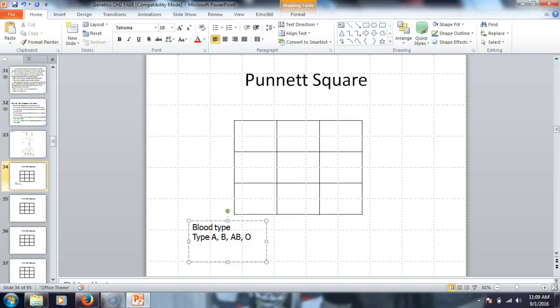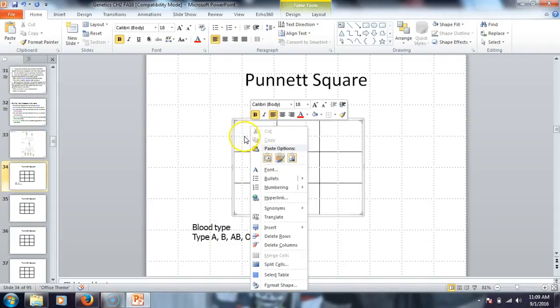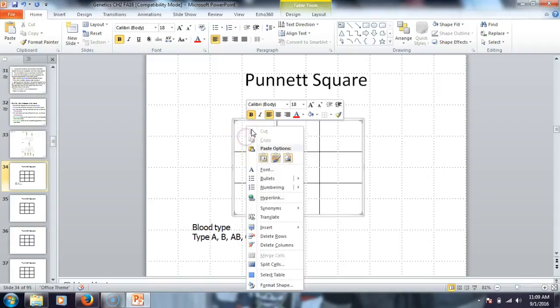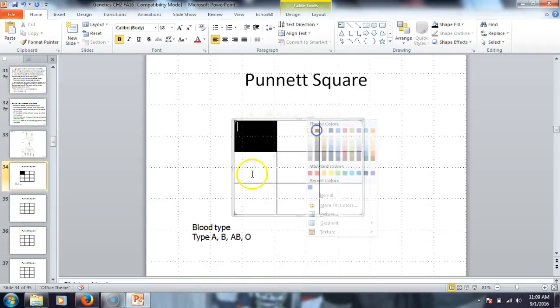Okay, so you get that information from your parents, but you get 2 copies, right? One from your mom and one from your dad. So that's why there's 2 boxes. Like this box, we could basically put an X in it. Let me see, I don't remember how to do that, but let's just make it black so we don't put anything in. There we go.